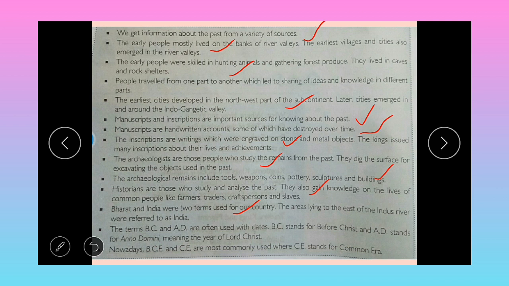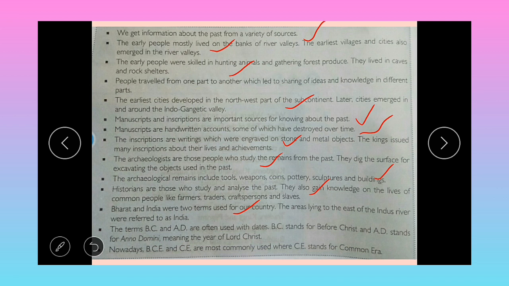Now next, the terms BC and AD are often used with dates. BC stands for Before Christ and AD stands for Anno Domini, meaning in the year of the Lord. I already explained that BC means before Christ, the years before the birth of Jesus Christ are called before Christ, that means BC.